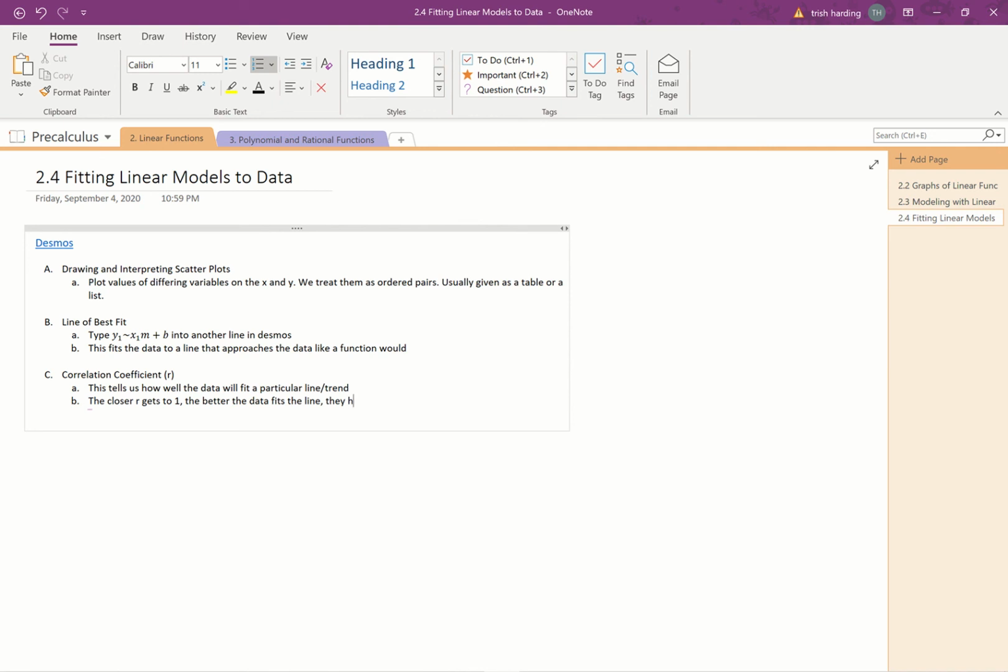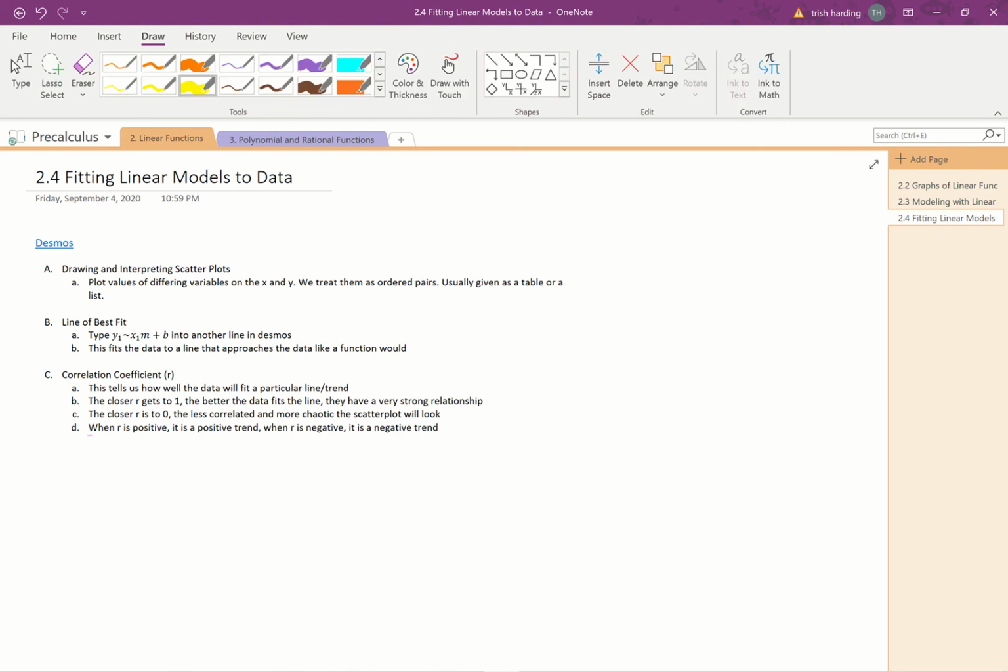That means they have a very strong relationship because they correlate well. The closer r is to 0, the less correlated and more chaotic the scatter plot will look. When r is positive, it is a positive trend. When r is negative, it is a negative trend.